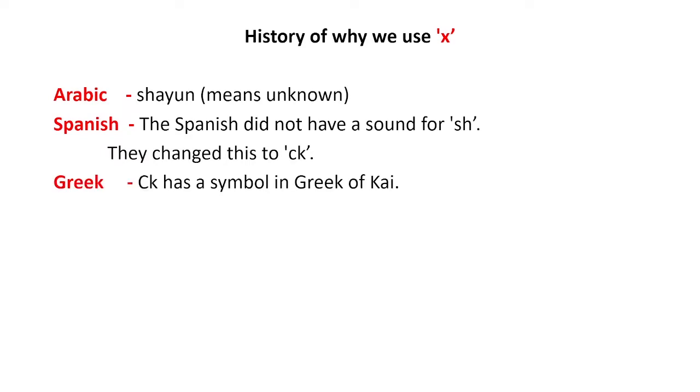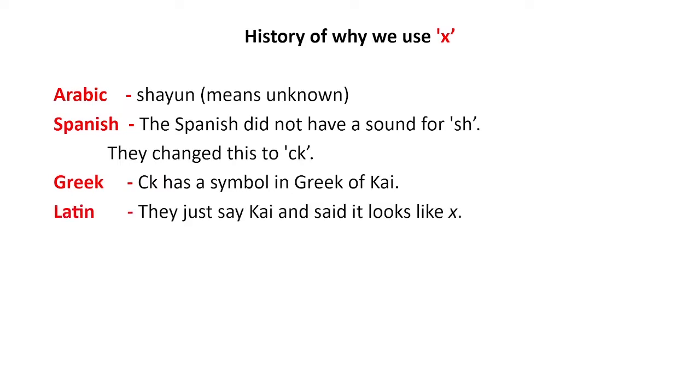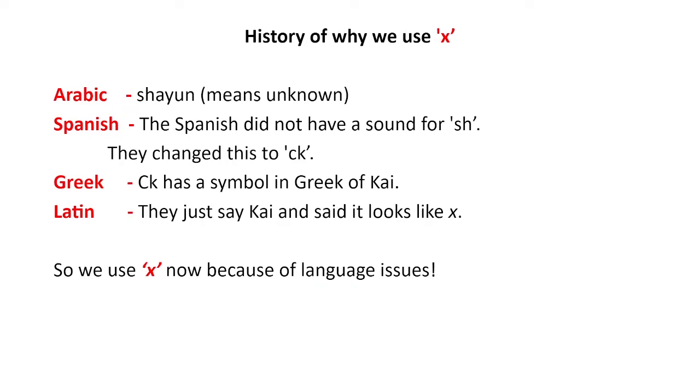Then the Greek had a symbol for ck, which is chi, and later the Latin said that it looked like x. So this is how we are using x for unknown quantities now.